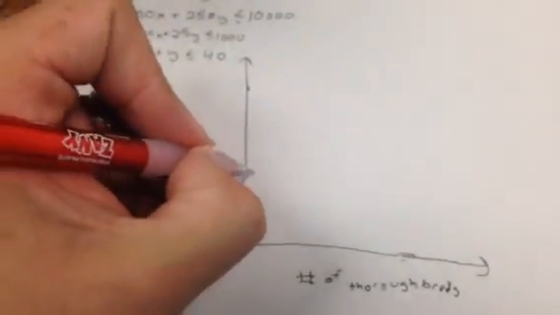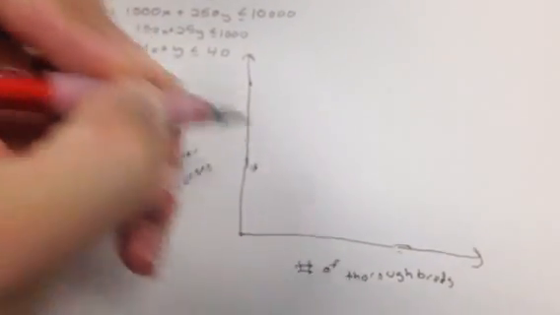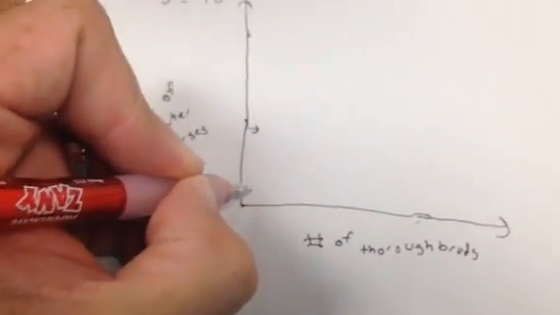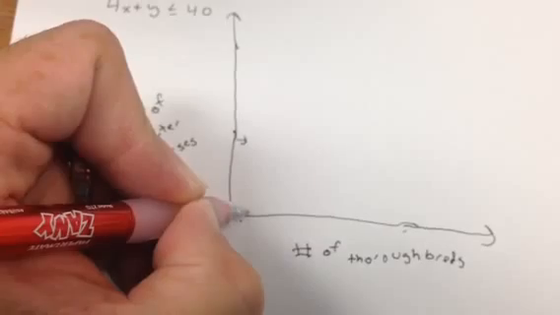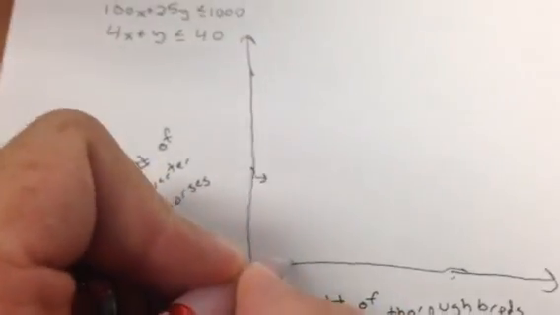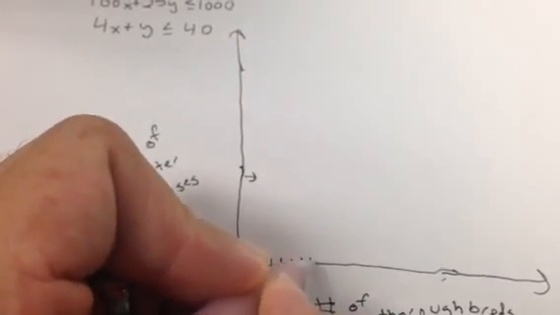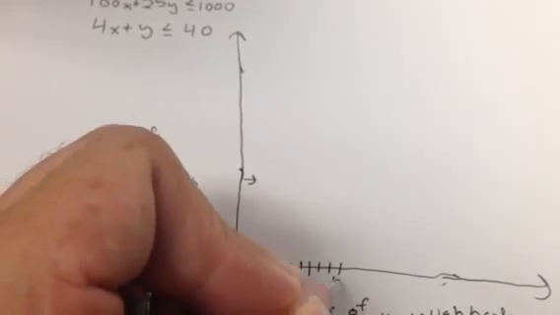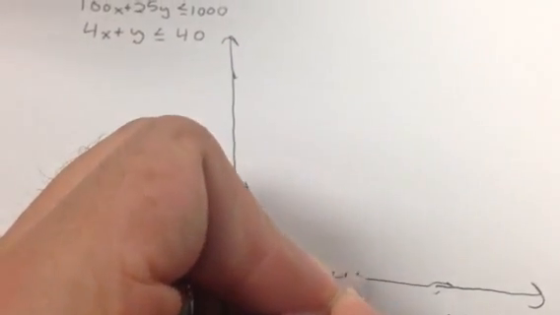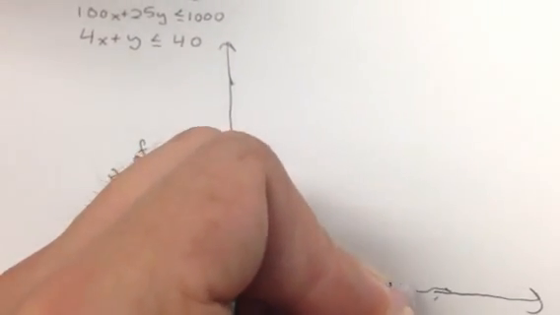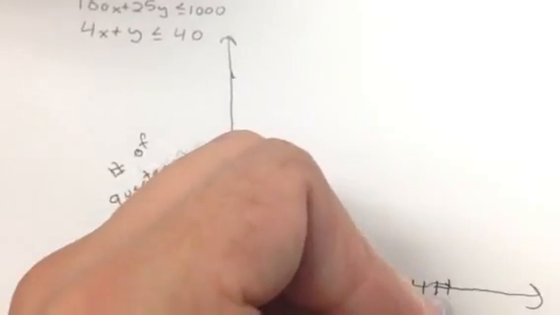We have our X values between 0 and 20. So here X value is bigger than 0. 1, 2, 3, 4, 5, 6, 7, 8, 9, 10, 11, 12, 13, 14, 15, 16, 17, 18, 19, 20.